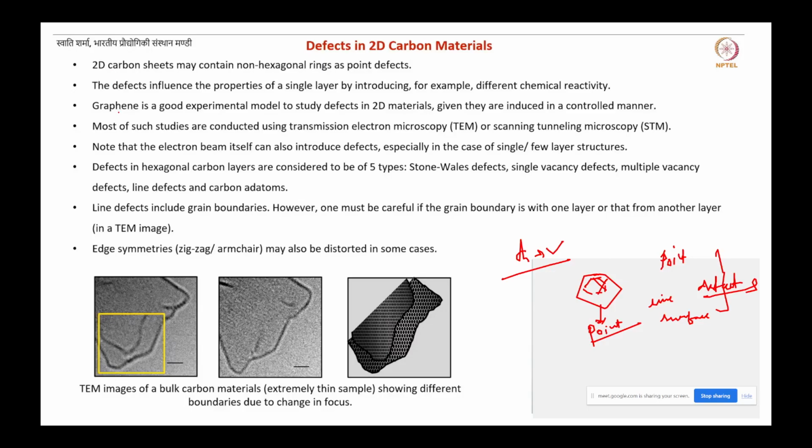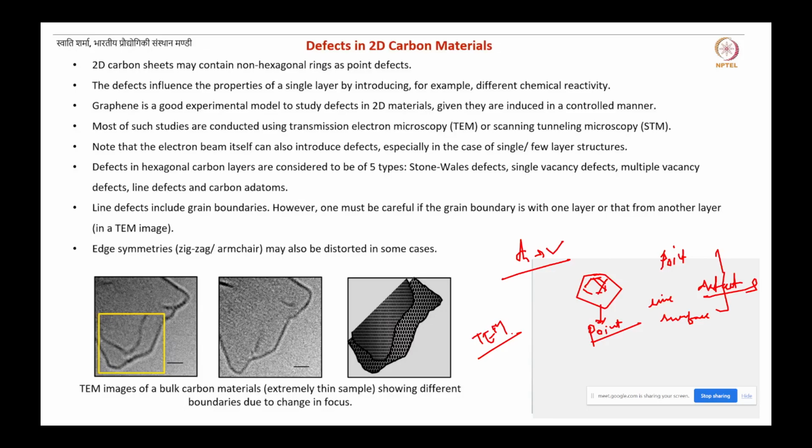First of all, why TEM? TEM is a very good imaging technique to observe the distribution of atoms, and you can see a single-layer atomic sheet.